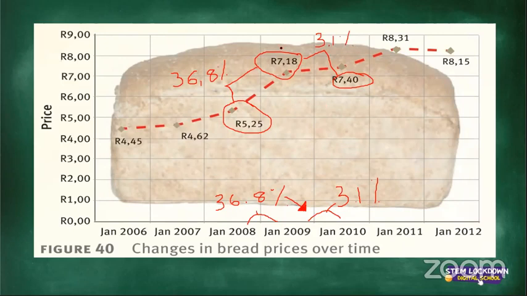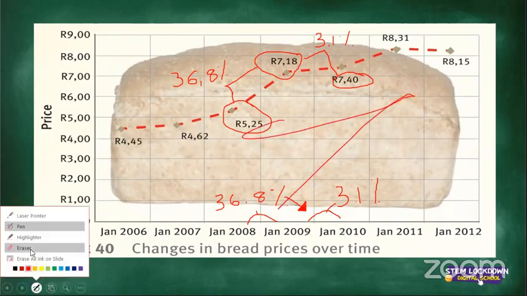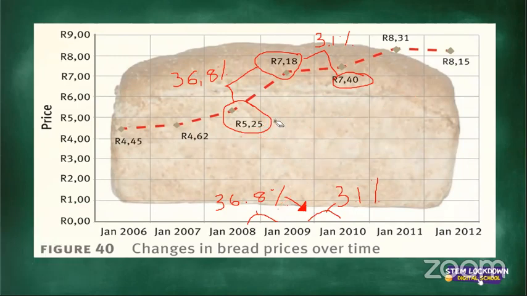That means the inflation rate has decreased. It has moved from 36.8 to 3.1. Why do you think that's the case? Why do you think there's a decrease in the inflation rate, even though there's an increase in the price?